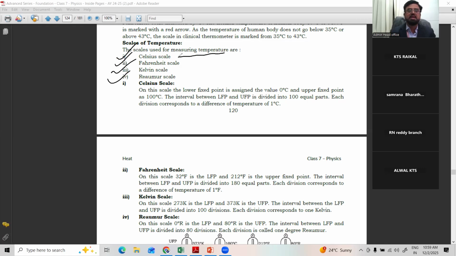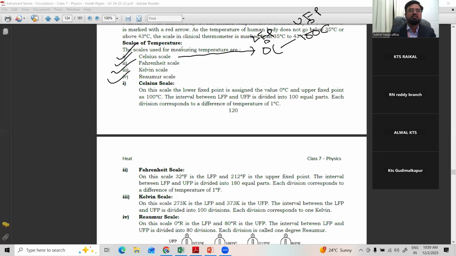The Celsius scale starts from 0 degrees to 100 degrees Celsius. That is, the lower fixed point is 0 degrees and the upper fixed point is 100 degrees. So the temperature range we can measure with this scale is 0 to 100 degrees.